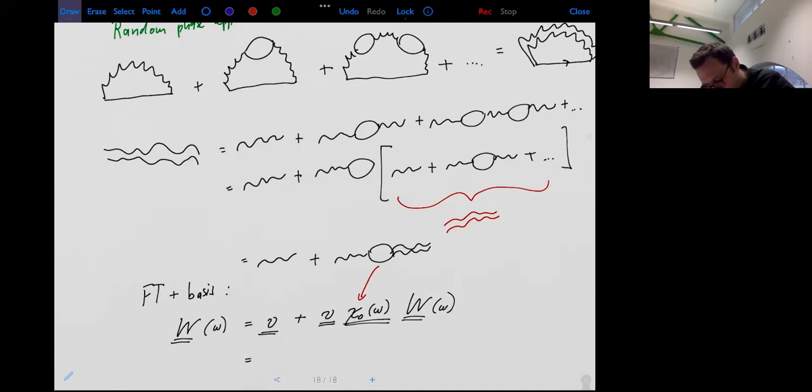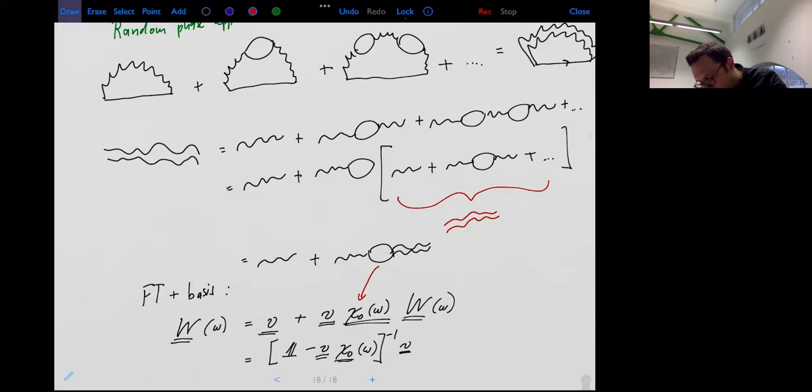What I get is the following: W equals the one matrix minus V chi0 of omega, inverted, acting on V. So I've just solved this equation for the screened interaction matrix.